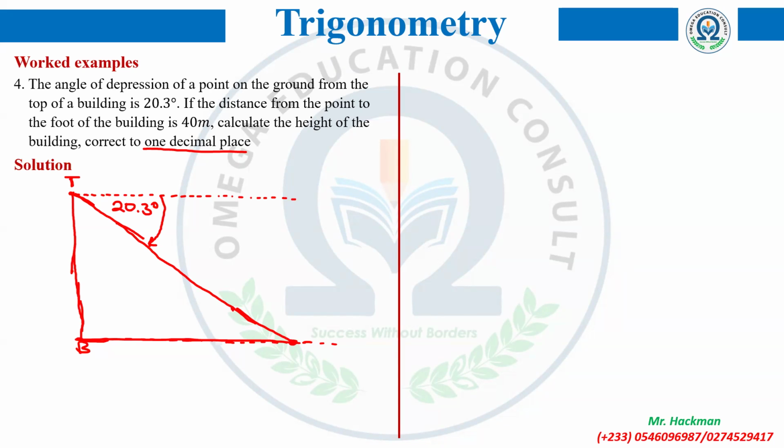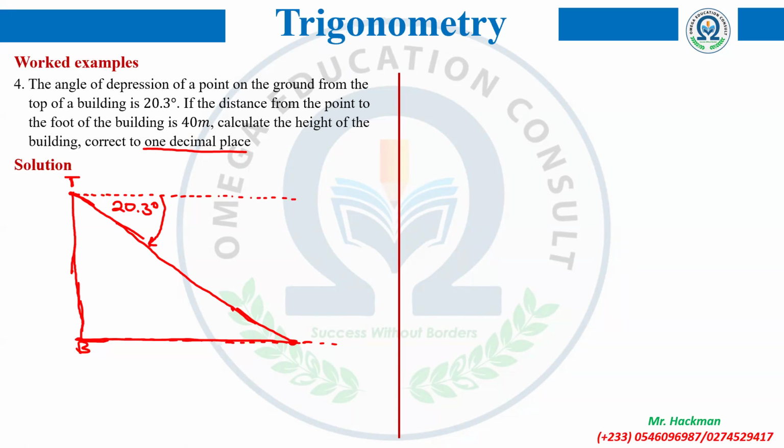Is that clear? So I was here, my original line of sight from where I'm taking my measurement. Because I'm talking about a depression, I need to move down before I can sight the object. So this angle, that I move down to sight this object, is what the question has given us: 20.3 degrees. Is it clear now?